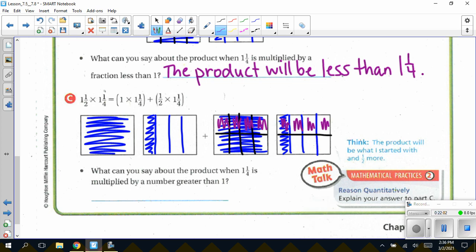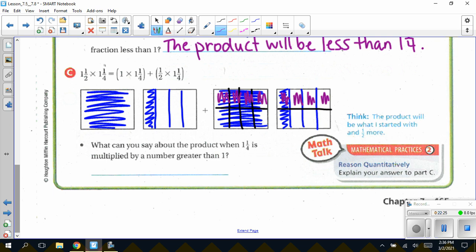So now we're combining both of those answers together, and we know from A, the product was equal to 1 1/4, and B, we knew that the product was less than 1 1/4. Well, if you combine both of those answers together, what can you say about the product when 1 1/4 is multiplied by a number greater than 1?